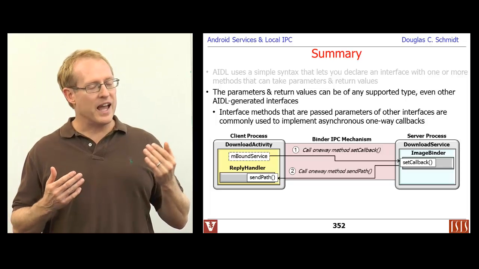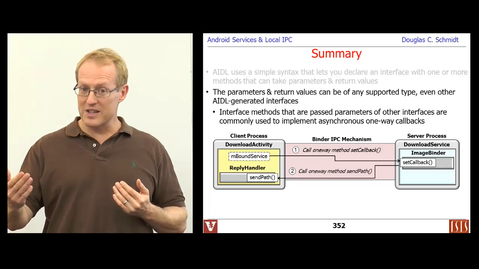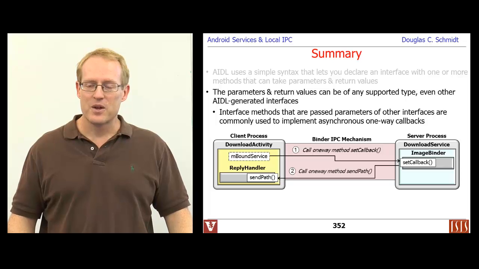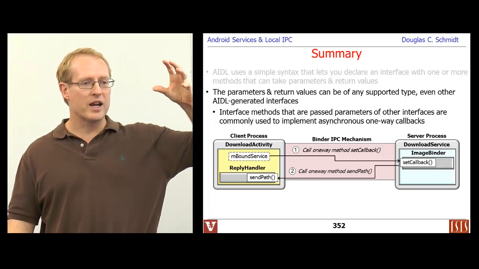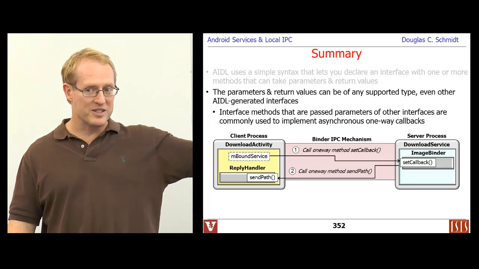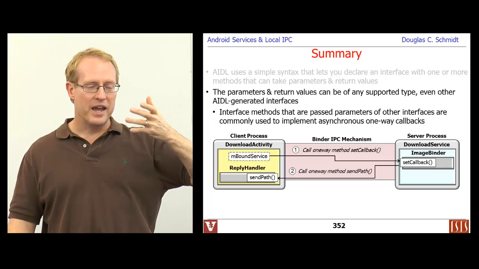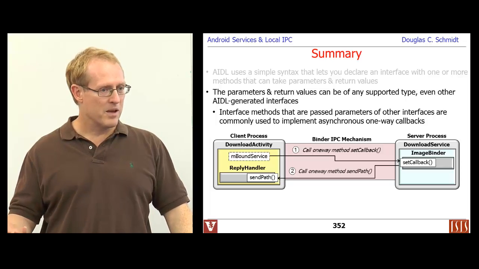And you can even have interface parameters passed. And we'll see this later when we start talking about asynchronous interfaces in AIDL. What you can do is essentially create objects that live in a client that are instances or implementations of interfaces, and then you can pass the references to those things as parameters or return values to other AIDL methods.